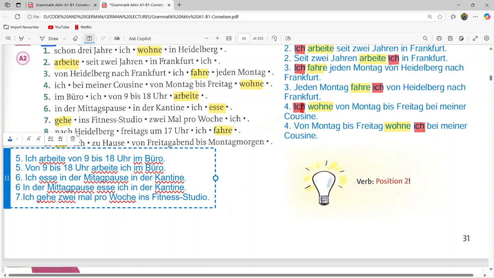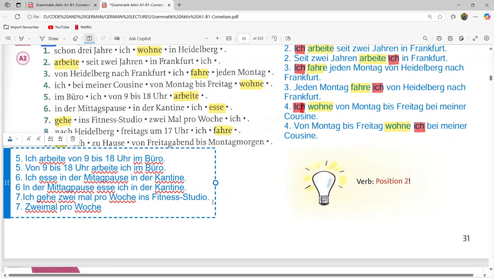And also we can write another way, that 2 times per week I go to the fitness studio, right? So we can start the sentence with the time information. So zweimal pro Woche gehe ich ins Fitnessstudio. Done.